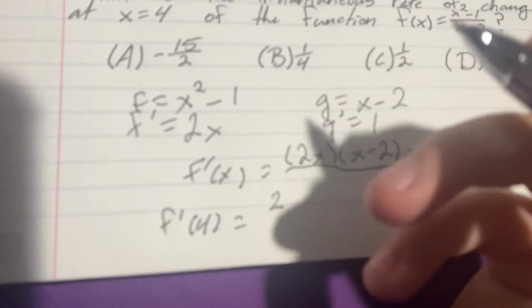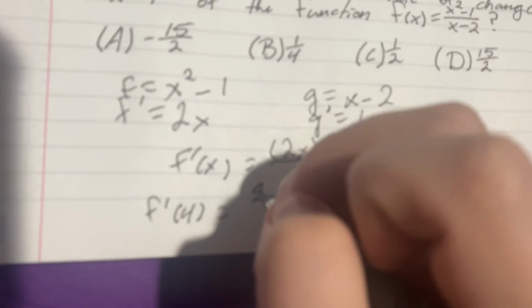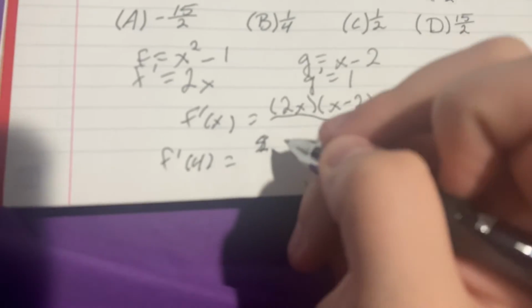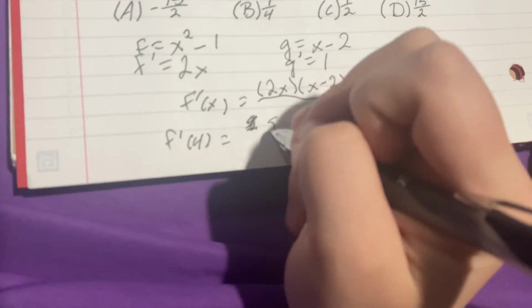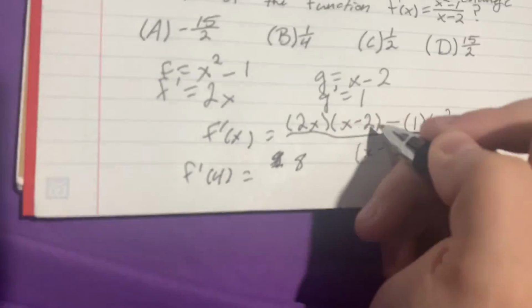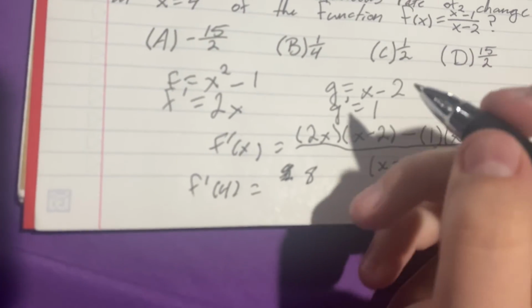So you would be f derivative 4 is equal to 2 times 4, which is 8. Multiply that by 4 minus 2, which is another 2.